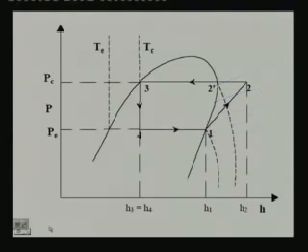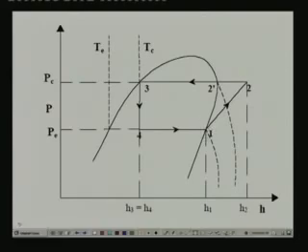Now, how do we represent the standard vapor compression cycle on the pH diagram? We know that, if you look at all the four processes, beginning with the compression process, during the compression process, saturated vapor is compressed from evaporator pressure to condenser pressure, and this process is an isentropic process.